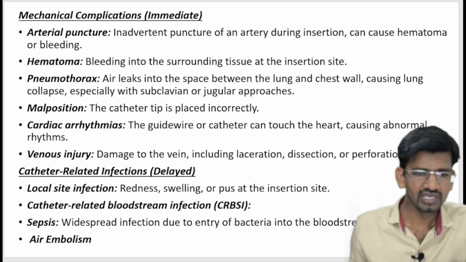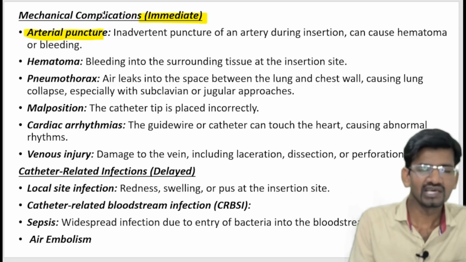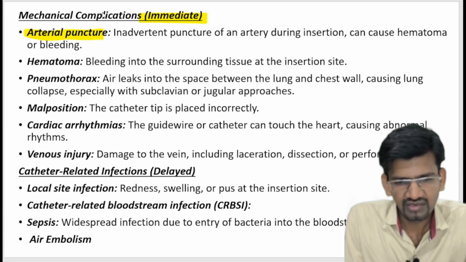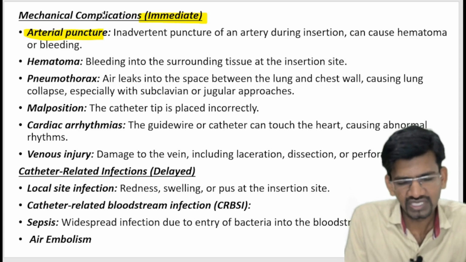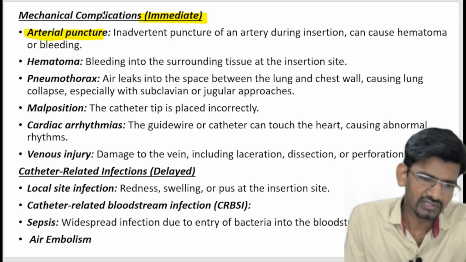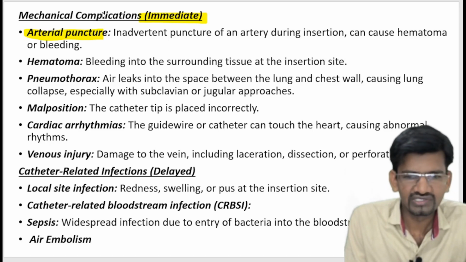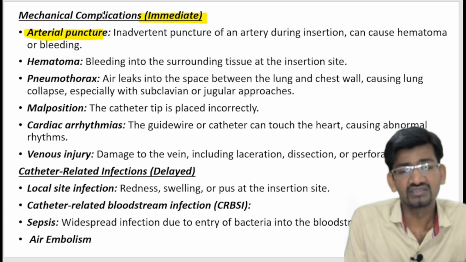So the immediate complications. The first one is arterial puncture. As these large veins are located at the center of the body, they are beside the arteries. Sometimes, while you insert the catheter into the veins, you may injure or puncture the arteries.